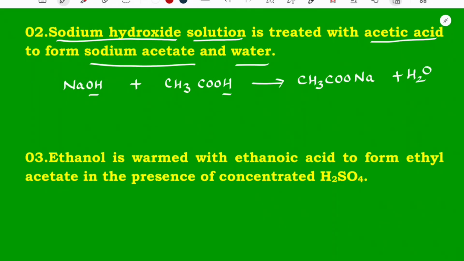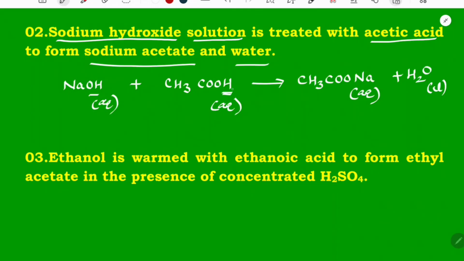Physical states are also important. Solution means we should put aqueous, because sodium hydroxide is dissolved in water to form an aqueous solution. The dilute acid is also aqueous, sodium acetate is also aqueous, and water is liquid.